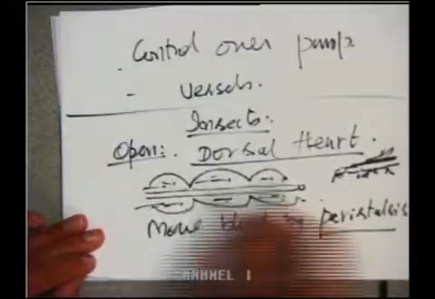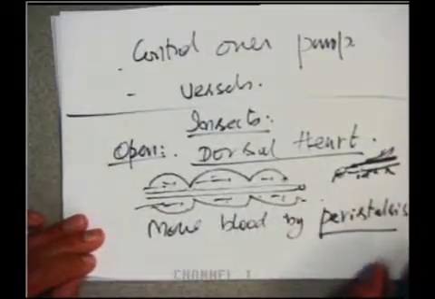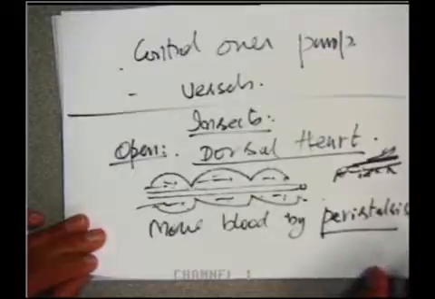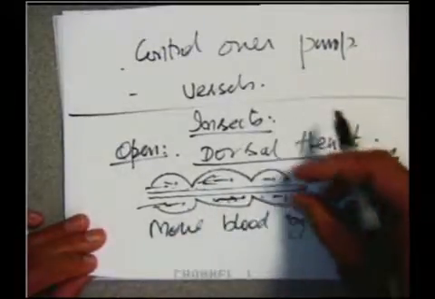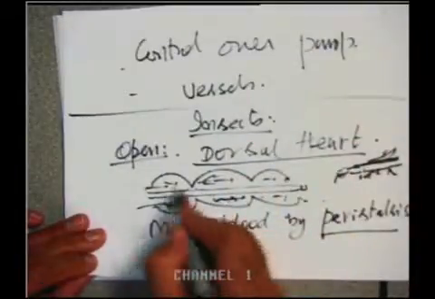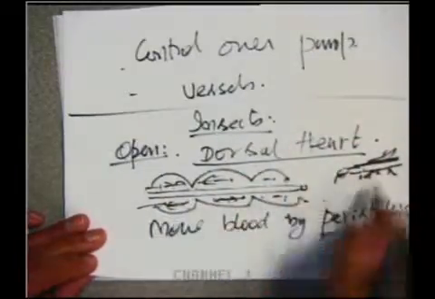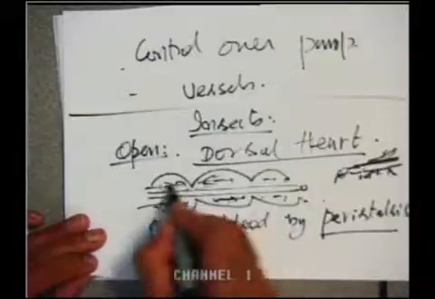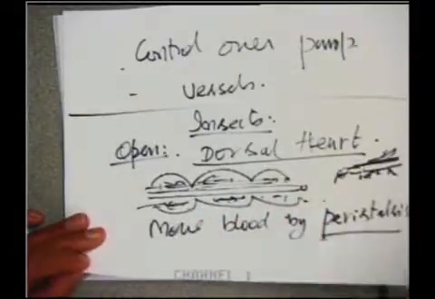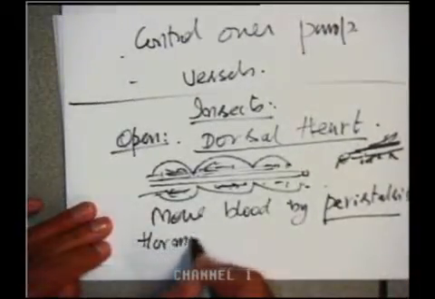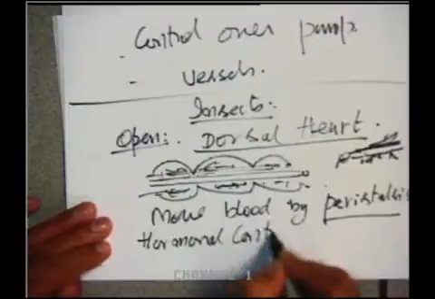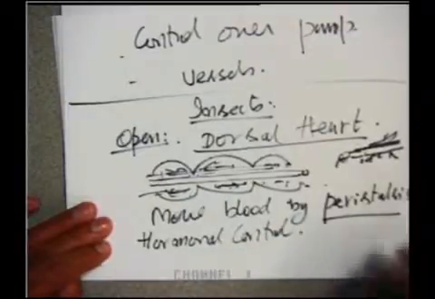It moves the blood on the dorsal side by peristalsis, and the peristalsis can go in both directions, to and fro, so it can move the blood from one side to the other. And this movement is directly under hormonal control.